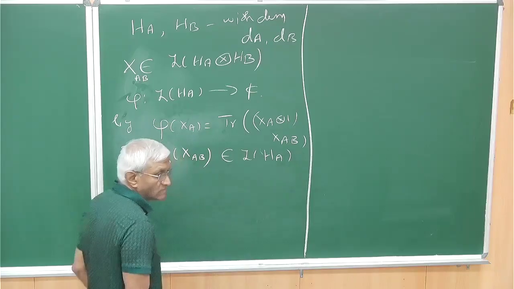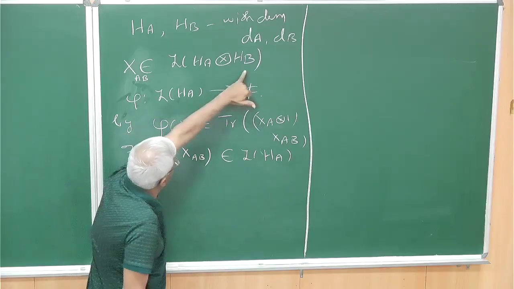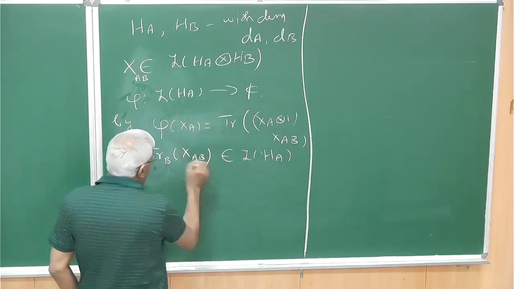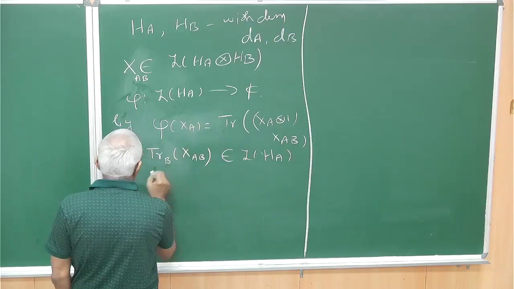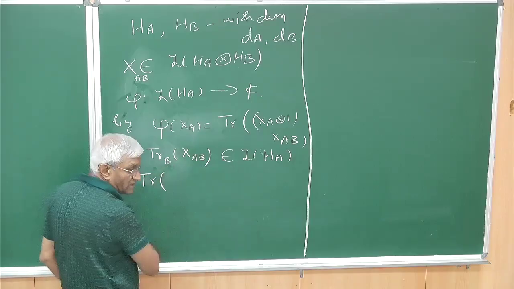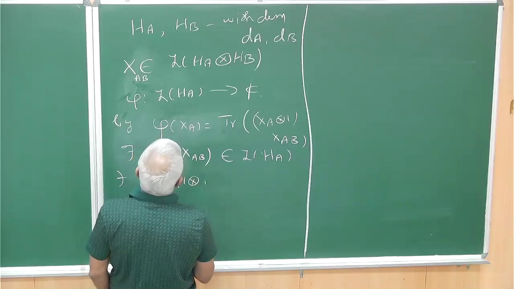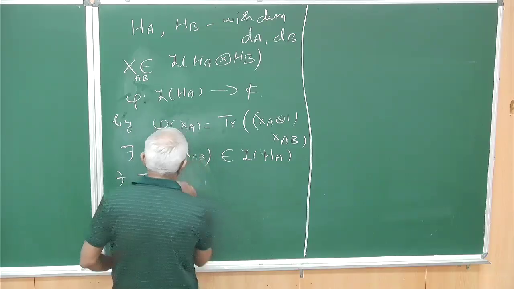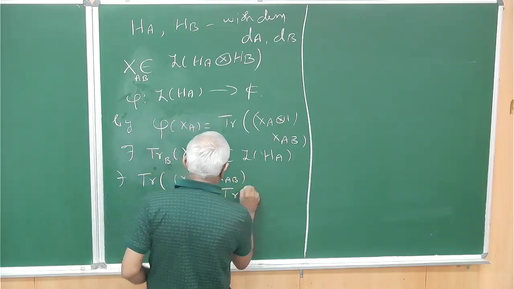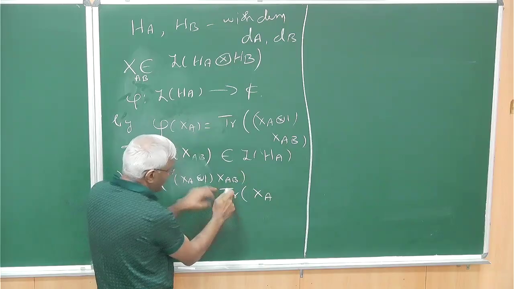Trace is usually a number, but if you trace out only the Hilbert space B, then with respect to the system A you get this operator, such that trace of X_A tensor 1 times X_AB equals trace of X_A times trace_B of X_AB. The first is the usual trace on L of H_A tensor H_B, and the second is a trace on L of H_A.